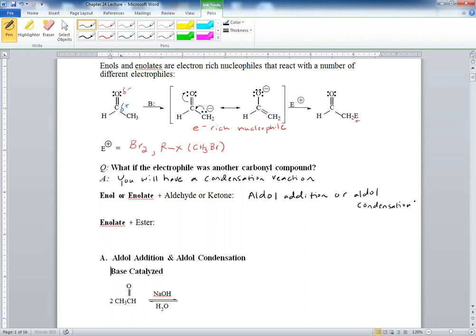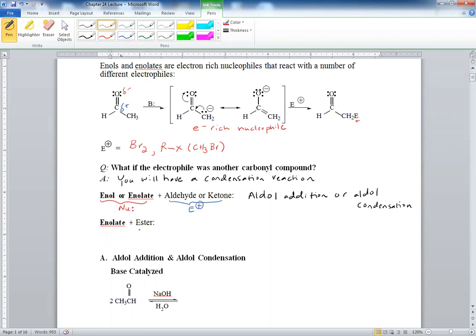So the aldol condensation is a slightly different one. In this case, the enol and the enolate are your nucleophiles. And of course, your aldehyde or the ketone are the electrophile. So let's put a negative. Well, it could change. So we can put a lone pair here.